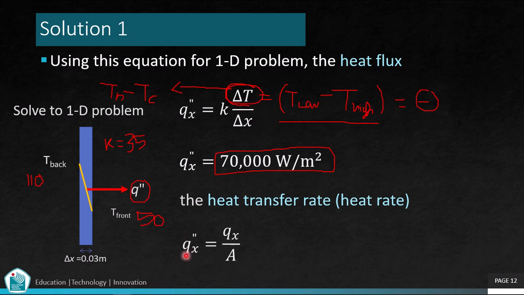So finally, this is the relation of the heat flux. So Qx, it means the heat rate, is the heat flux multiplied by area. So we have 28 kilowatt. Okay, if you have a question, you can send a message into our WhatsApp group discussion.